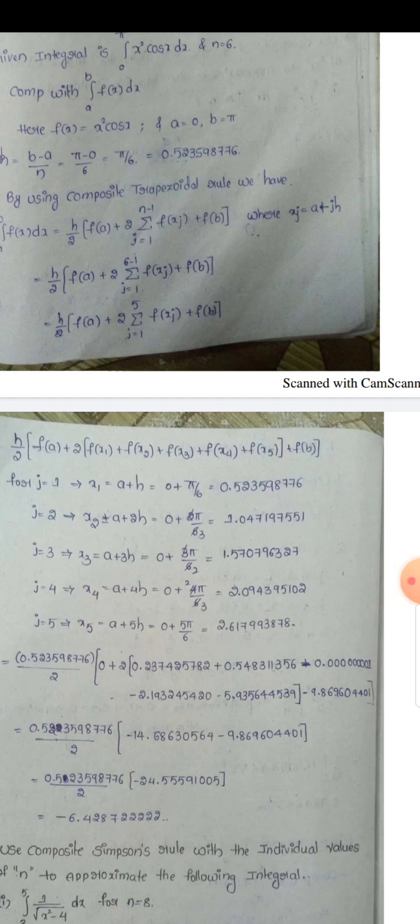Equals 0.523598776 by 2 into minus 14.68630564 minus 9.86960440, which equals 0.523598776 by 2 into minus 24.55591005.